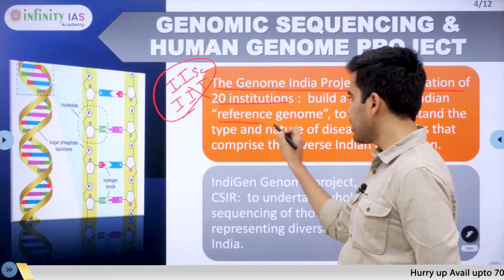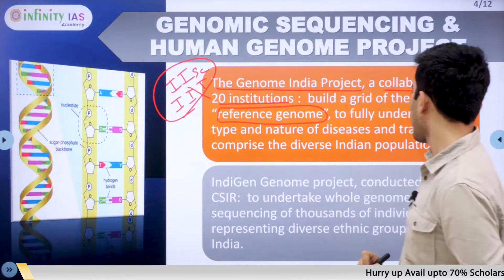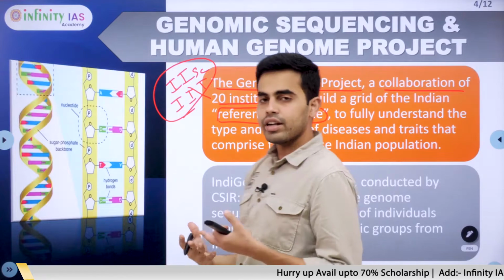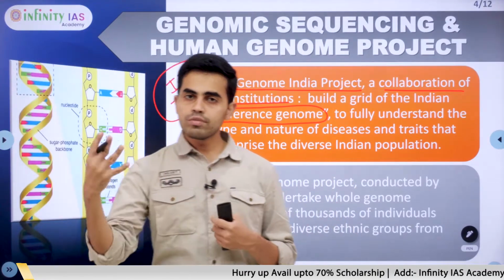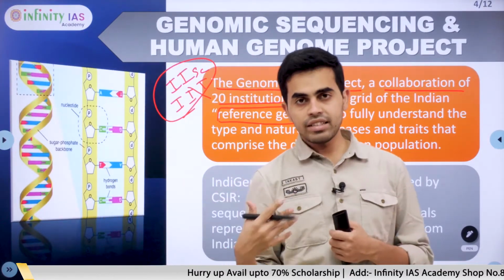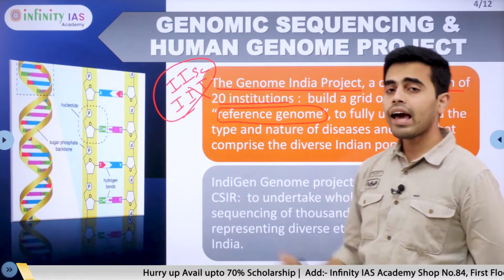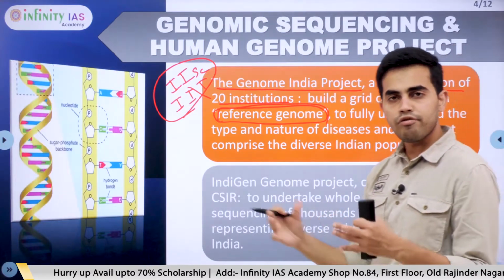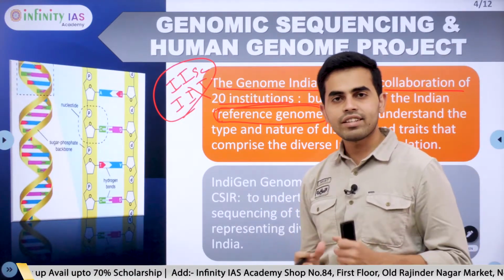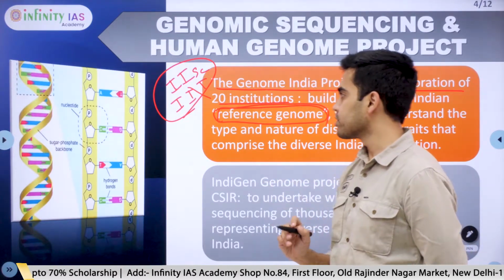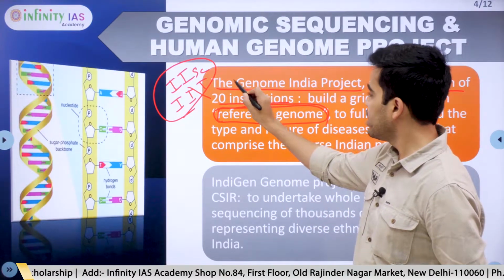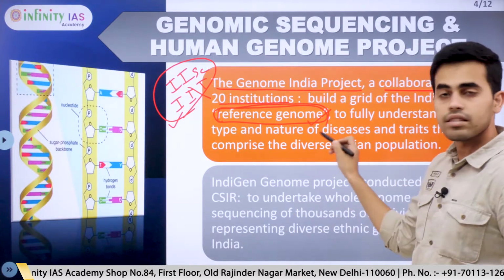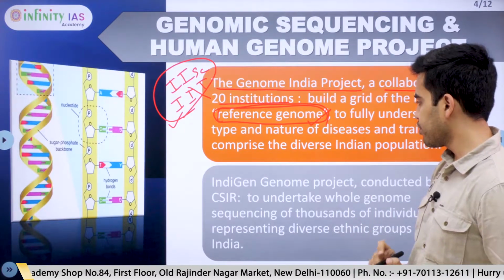The aim is to build a reference genome. They have sequenced genomes of different races and from different places, so that we can have one single reference genome that comprises all the diversities in the Indian population. So, the institutions and the aim of the Genome India project are important from the examination point of view.